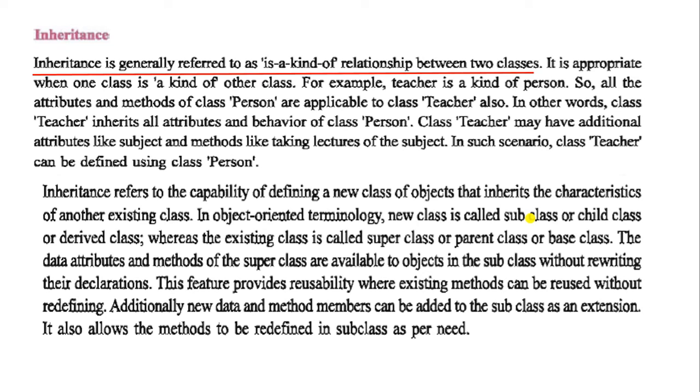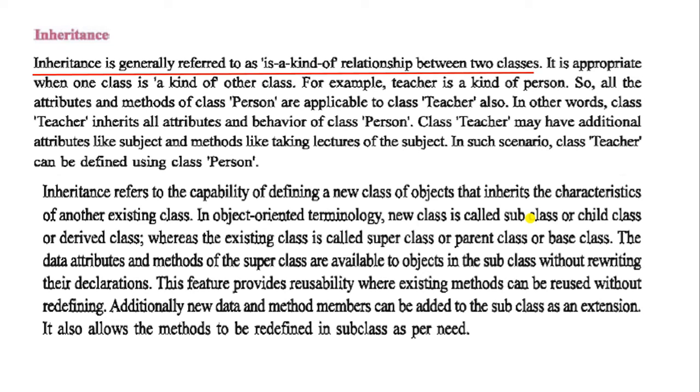The data attributes and methods of a superclass are available to objects in the subclass without rewriting the declaration. This feature provides reusability, where existing methods can be reused without redefining. Additionally, new data and method members can be added to the subclass as an extension.